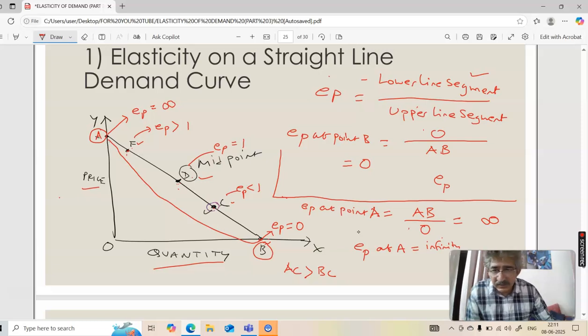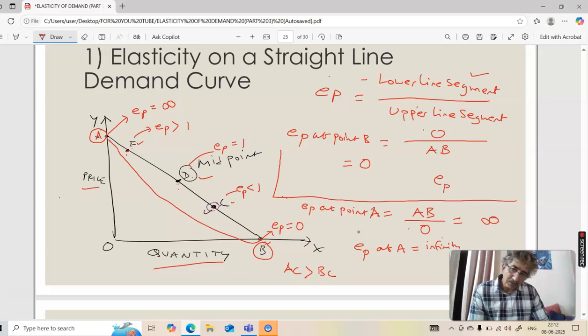Now let's make an observation and draw a conclusion. As we move downwards on this demand curve from point A, what's happening to the price elasticity, students? It's decreasing. At point A, it's infinity. Thereafter, as we come down to point F, it is greater than 1.